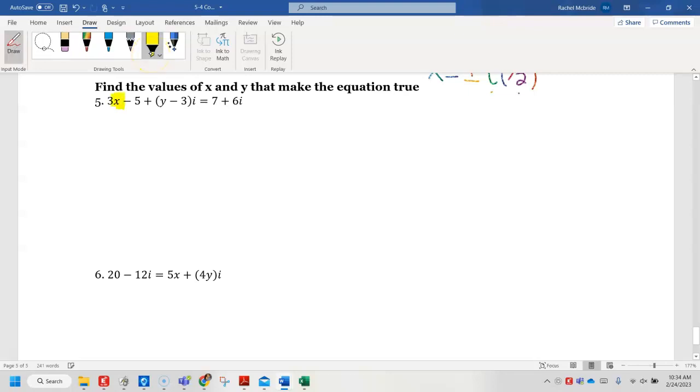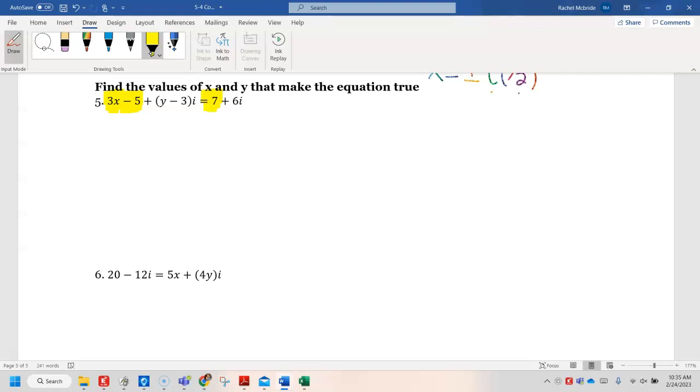These ones are a little bit different. We have 3x minus 5, which is considered a real number because it doesn't have an i being multiplied by it, as well as 7 being a real number.